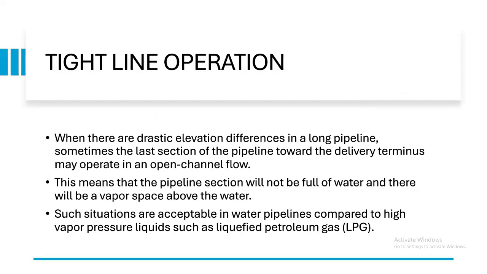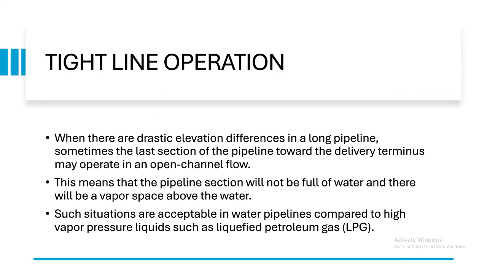Tight line operation. When there are drastic elevation differences in a long pipeline, let's say your pipeline is going over mountains and stuff, sometimes the last section of the pipeline towards the delivery terminus may operate in open channel flow, which means that section, when it's flowing downwards, will flow in an open channel. This means that the pipeline section will not be full of water and there will be a vapor space above the water.